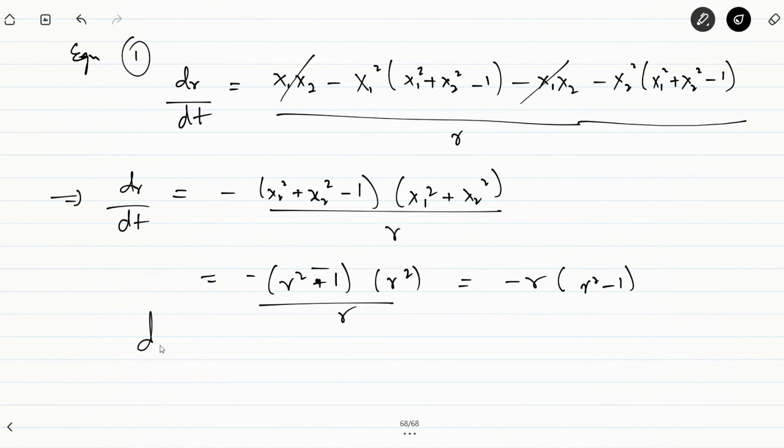Fine. So dr by dt is equal to minus r into r square minus 1.